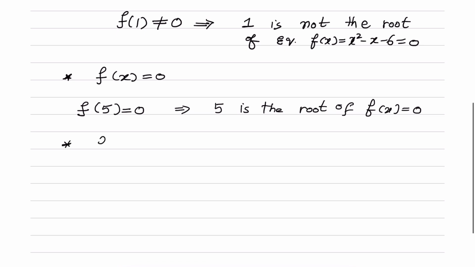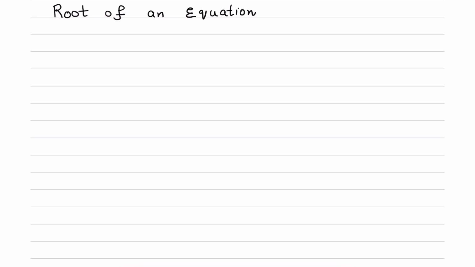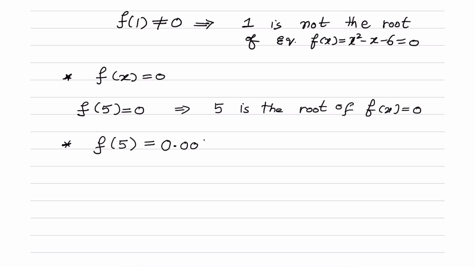Now see this. If by plugging 5 in the function we don't get exactly 0, but we get 0.002. So 0.002 is almost equal to 0, but it is not exactly 0.